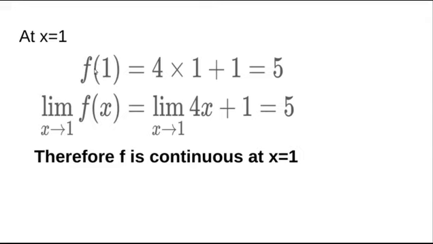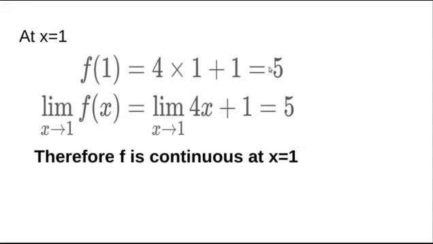Here we can see that in the left hand side of 1 and right hand side of 1, that is close to 1, the function is 4x plus 1. Therefore, there is no need of finding left limit and right limit separately. Therefore, we can find the limit f of x, x tends to 1 directly. That is limit 4x plus 1, x tends to 1. That is 4 into 1 plus 1, that is equal to 5.